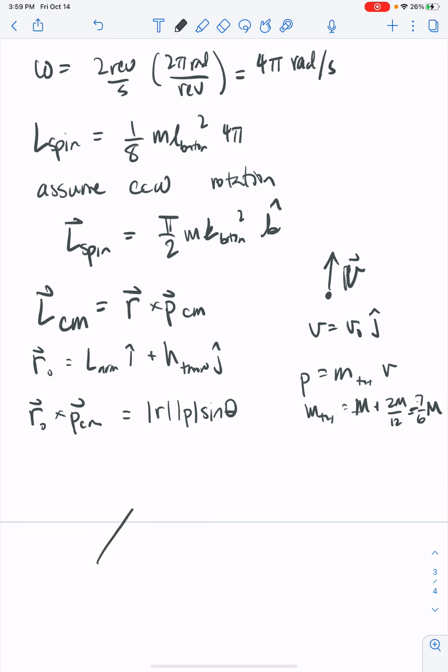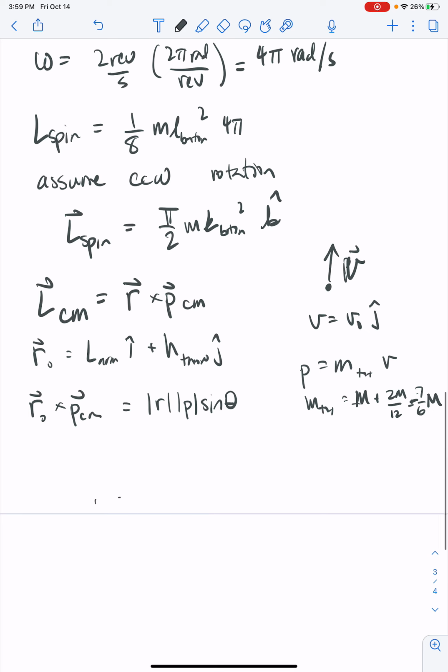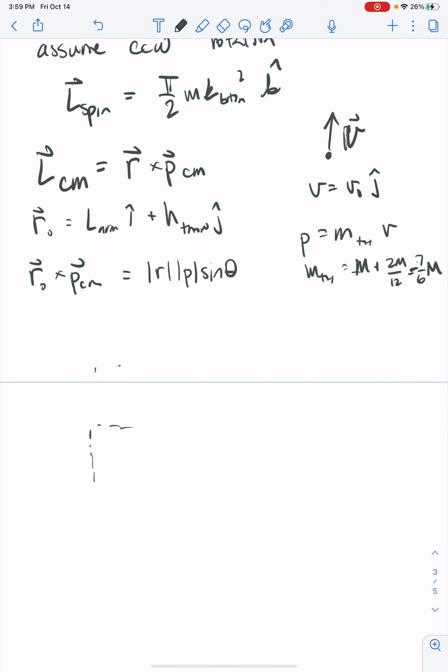Okay, let's look at the angle here. So we've got H, L, and V is pointed in this direction, so this is our R, this is our V. We can draw our V down here, so this is our theta.